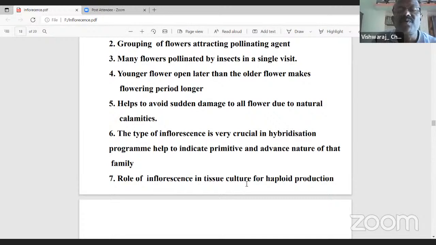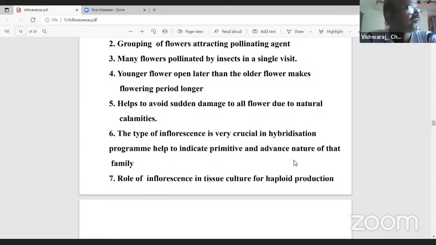Then the role of inflorescence in tissue culture for haploid production. Haploid means half the number of chromosomes, and diploid means double the number of chromosomes. For tissue culture, inflorescences play an important role.